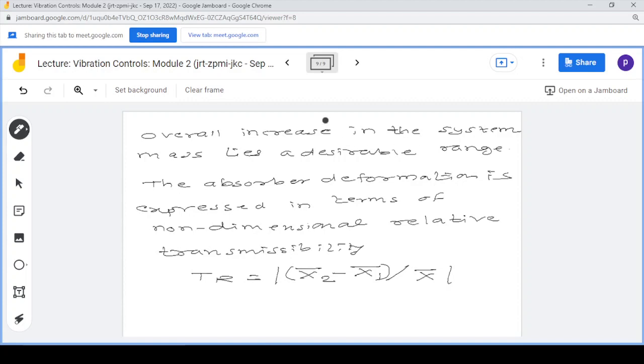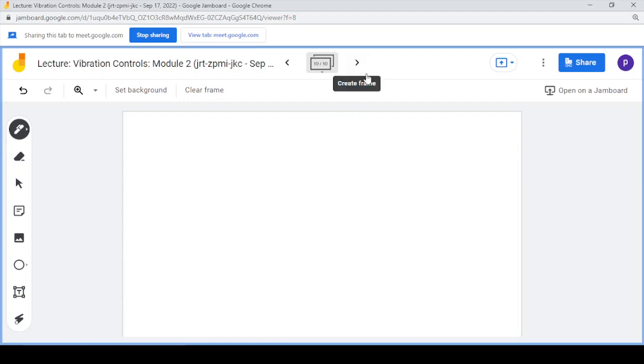So now from this, we determine the optimum values of nu.